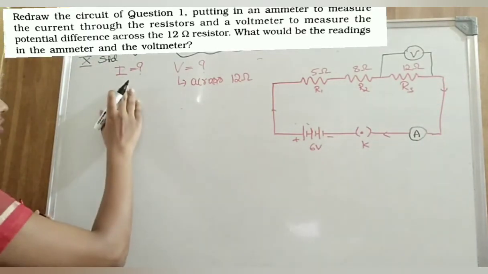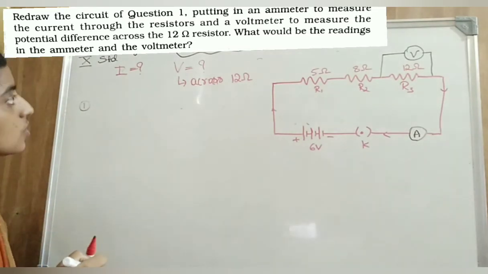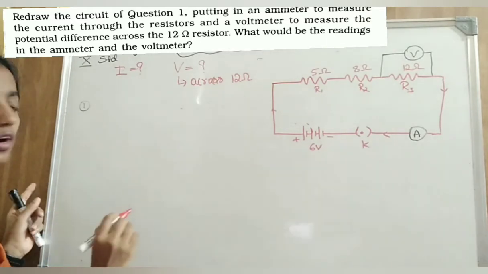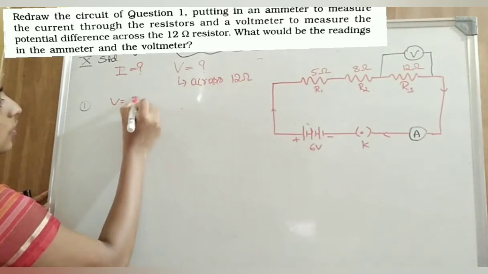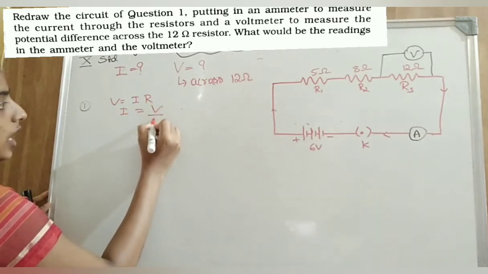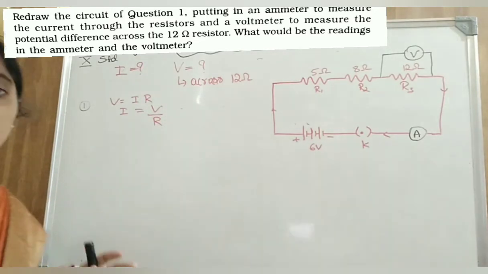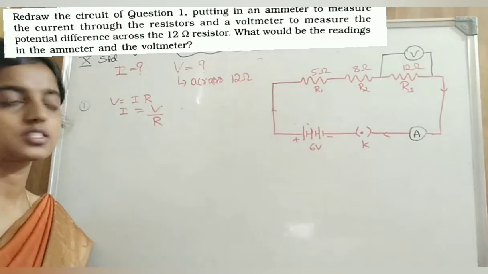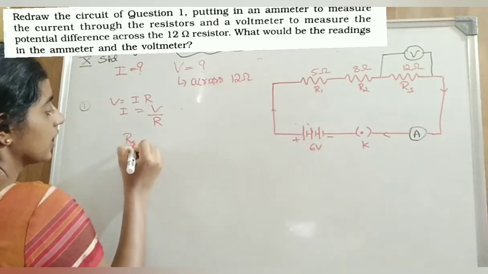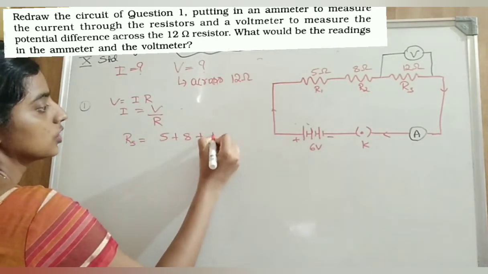Now, first we'll find out the first question, that is the current. So to find the current, we'll use Ohm's law. What is Ohm's law? V is equal to IR. I will become V by R. Do we have R here in the given data? They have not given the equivalent resistance. They have given the values of 3 resistors. So first find RS is equal to 5 plus 8 plus 12.